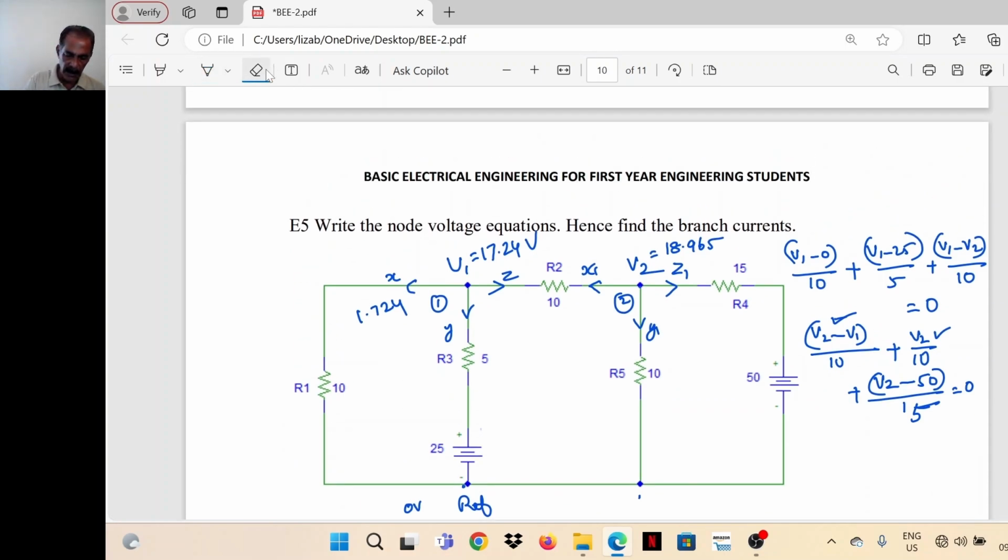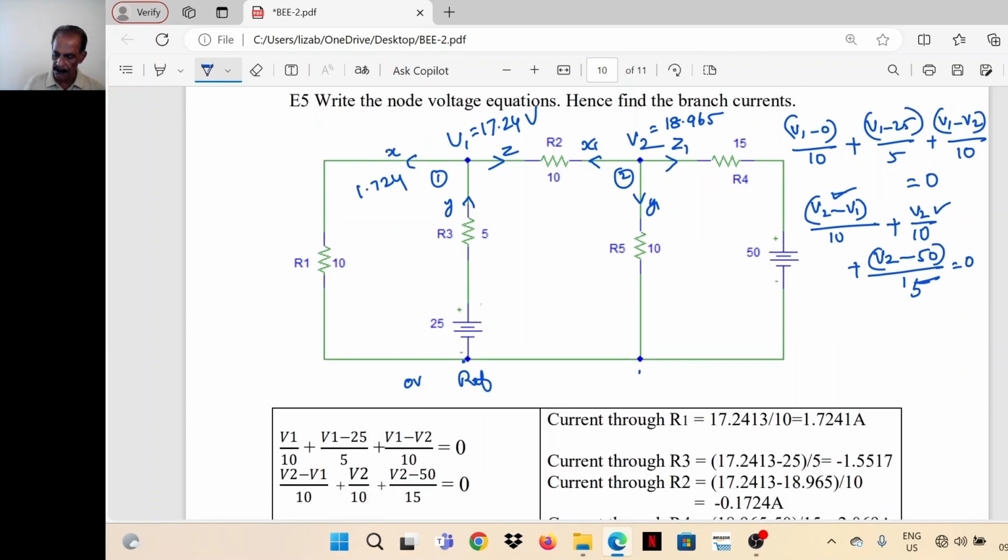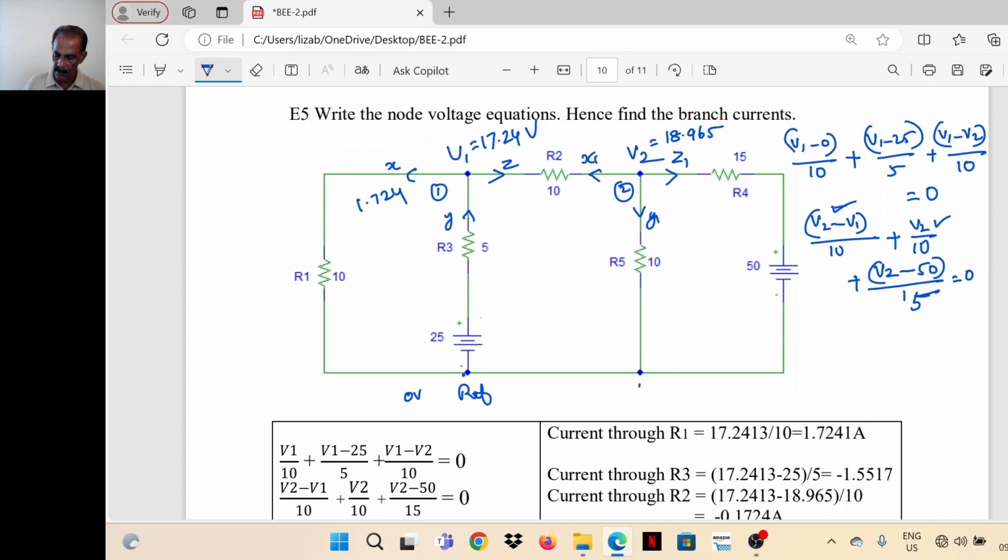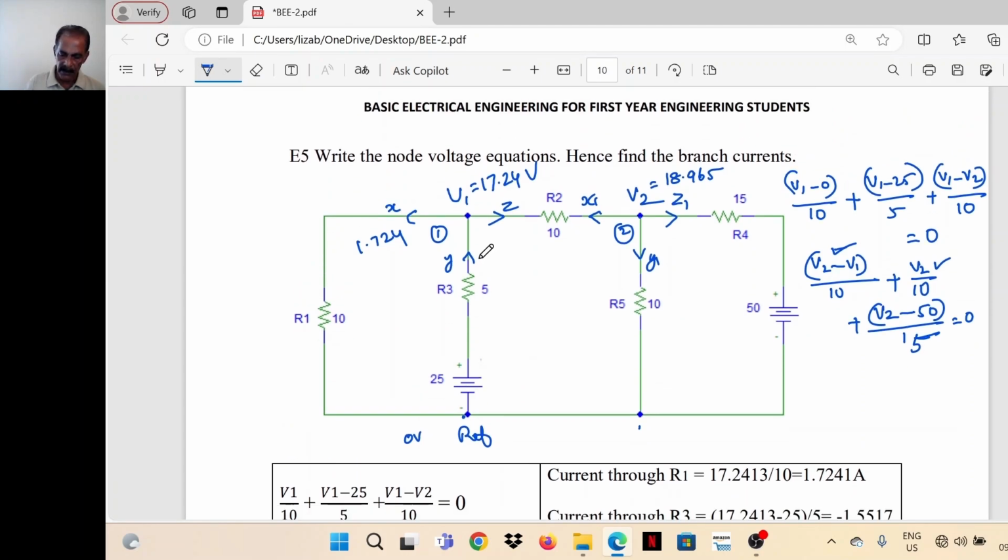So Y is in the opposite direction, with value 1.5517.